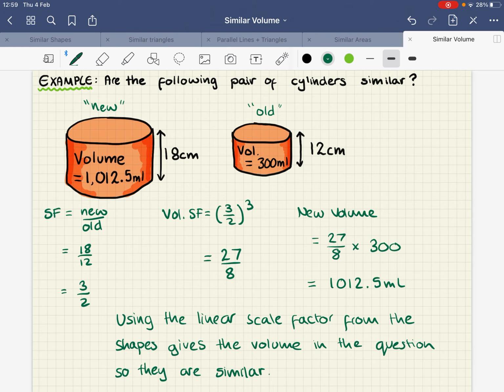And that statement is really similar to what we wrote before, but all I've done literally is I've swapped out the word area for the word volume.